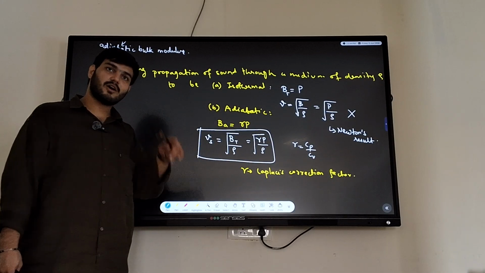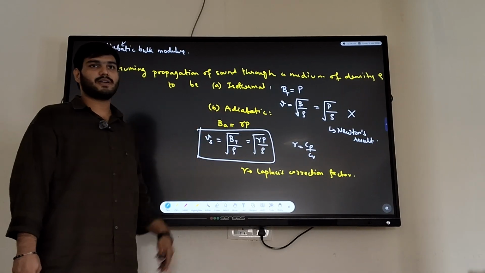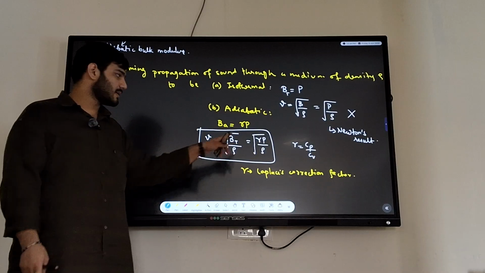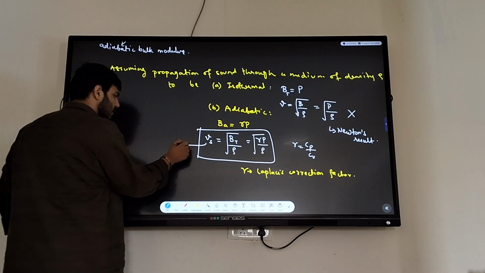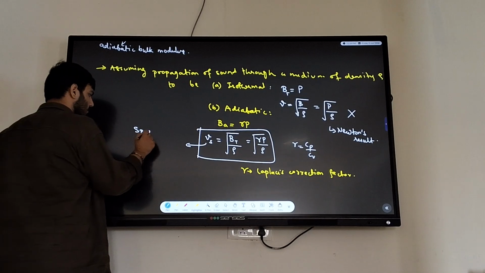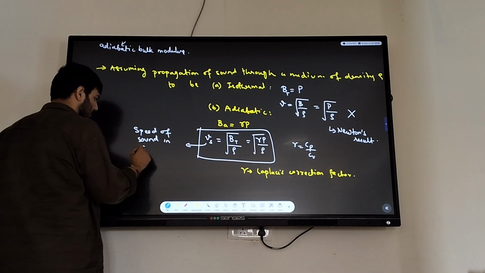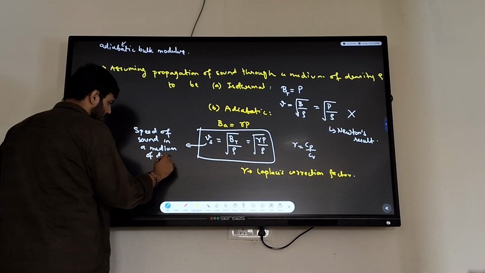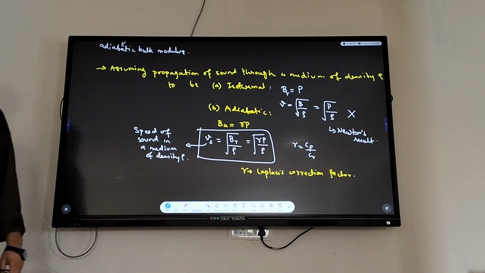This is the speed of sound specifically, and when you consider that the process is adiabatic, only then. So don't mix up the results. Don't apply this result for a longitudinal wave. Okay? So this is the speed of sound in a medium of density rho.